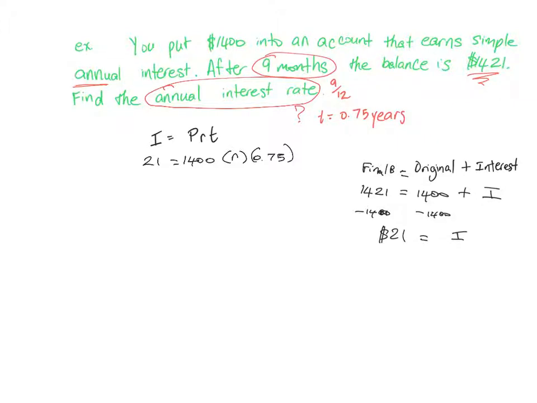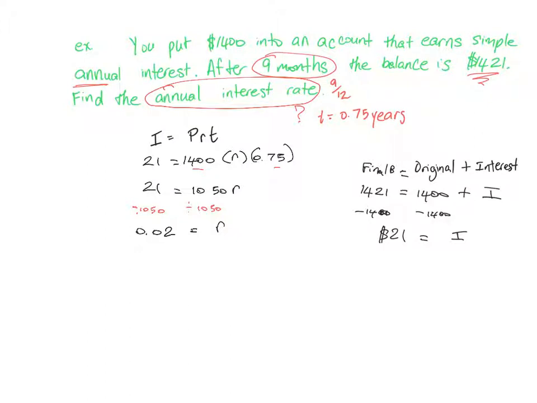All right, we can go ahead and rearrange this, multiply these two things by each other. We get that 21 is equal to 1050 times r. So we can isolate the r by dividing by 1050, and we get that r is equal to 0.02.